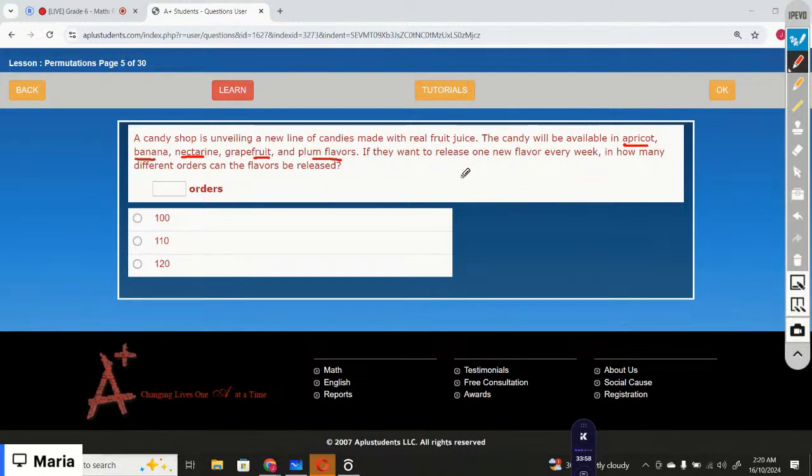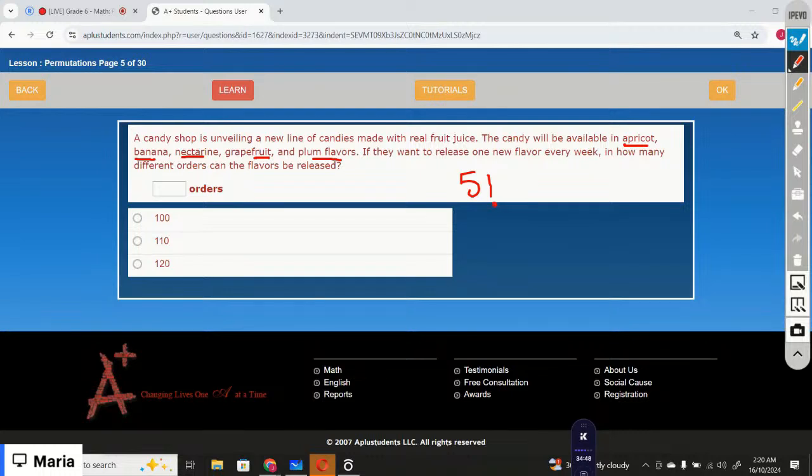You have apricot also. So you have 5 different options. So that is factorial. So which is the correct option?